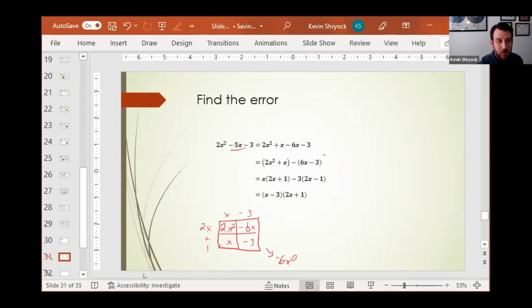Take a look at this line right here. If I was going to try to draw that as a rectangle, it'd be 2x squared plus x, and then the opposite of 6x, and then the opposite of a -3.